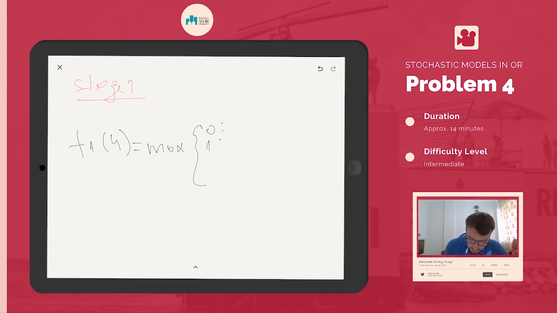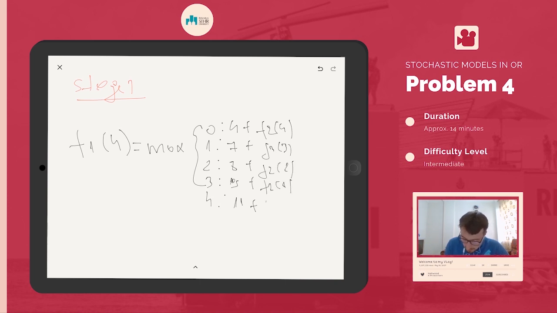again, invest 0, 1, 2, 3, or 4 here. And if I do so, then I can invest 0 here, in which I get $4 in return. I can invest 1, which I get $7 in return, 2, $8 in return, 9 or 11. And I go to the next stage, F2 with 4, F2 with 3, F2 with 2, F2 with 1, and F2 with 0.